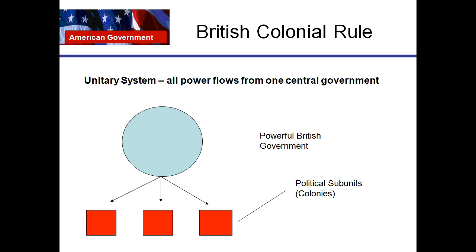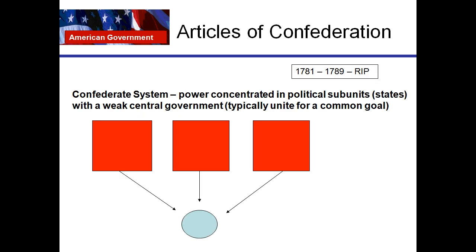Now, the original document that the United States operated under was called the Articles of Confederation. And this was an example of a confederate system where power is concentrated in political subunits, or the states, and there's a very weak central government.